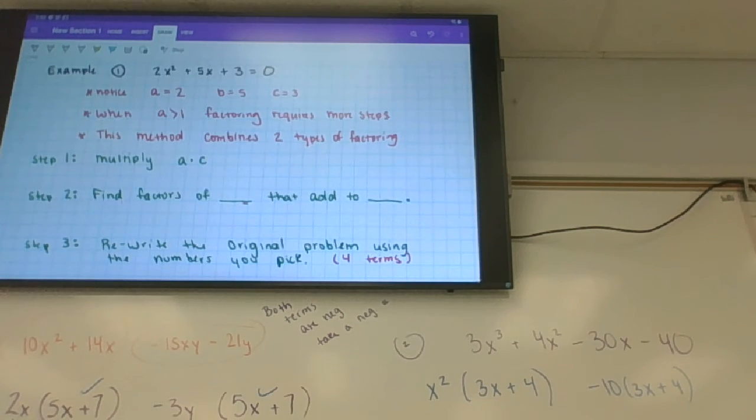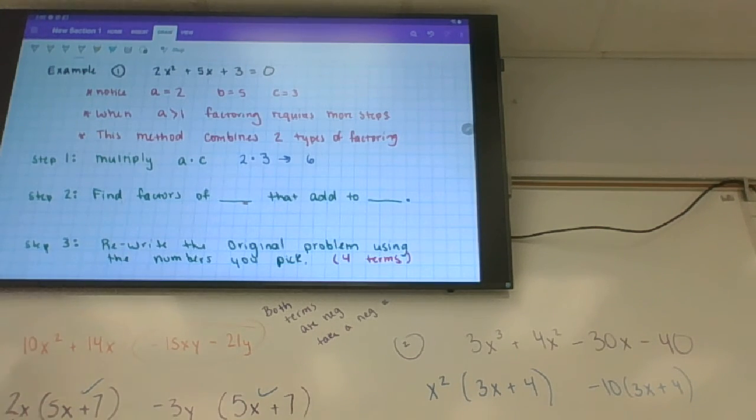When you're done, you can go ahead and do step 1. Multiply a and c, so that will be 2 times 3 is 6.